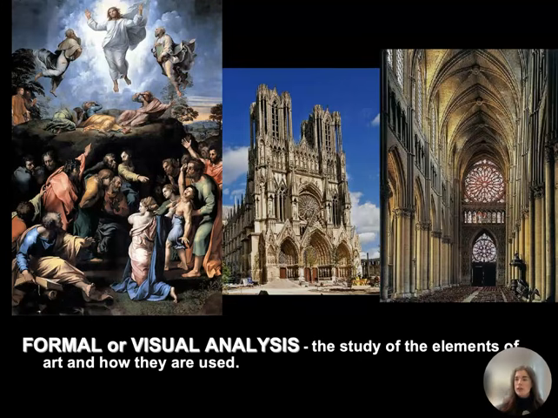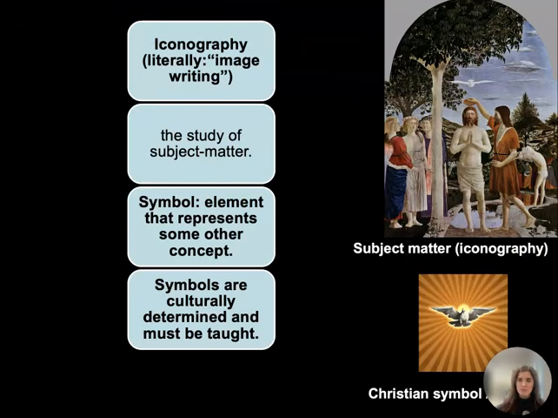And then thinking about the language of architecture: how can we describe the architecture of a Gothic structure, like the Gothic cathedral we're seeing, in order to further understand the structure? So one of the best places to start when you're looking at that buffet of options for analyzing works of art is to think about formal analysis, or sometimes called visual analysis. Formal, we're just thinking about the form of the artwork. So that's option number 1. It's always a great place to start.